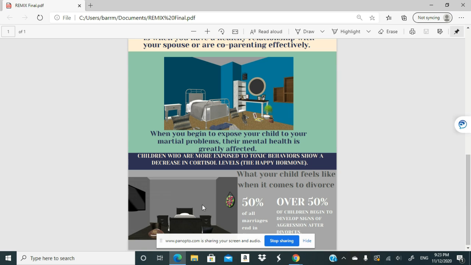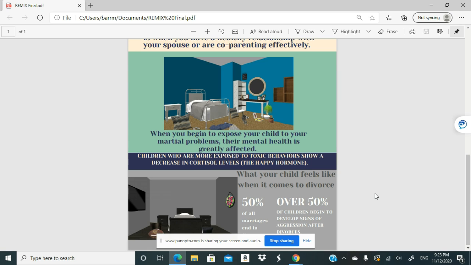So a child may feel like they are alone and isolated, and they may not take in a lot of interests. They may begin to show aggressive behavior. Basically, the child is just feeling alone, and that is what I was trying to portray through this last visual.